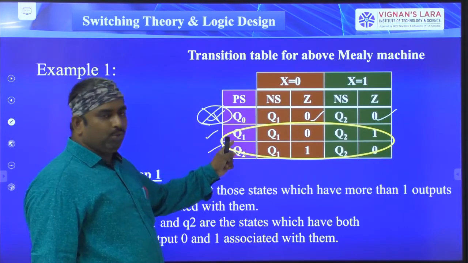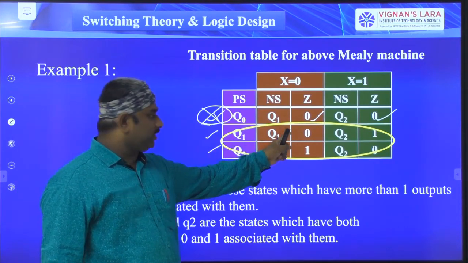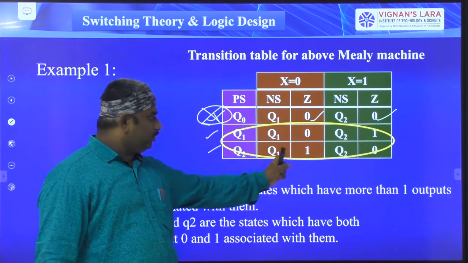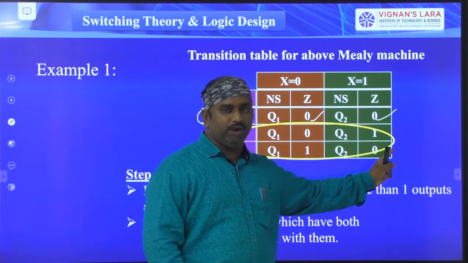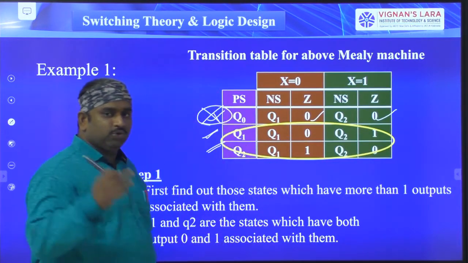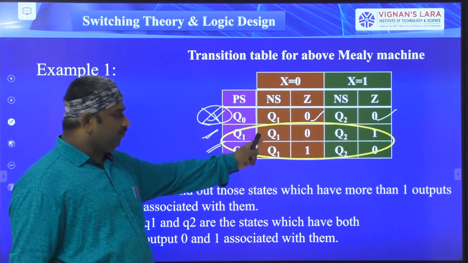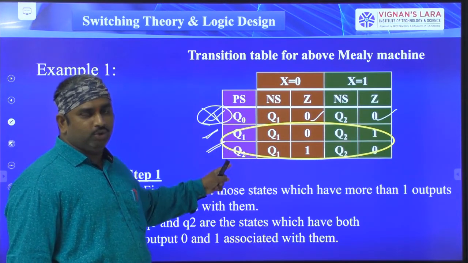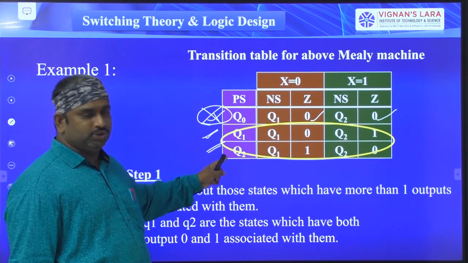Q1 next state outputs are 0, 1, so 2 different outputs are available. For Q2, the next state outputs are 1, 0, so 2 different outputs are available. For that reason, you have to make partitions for the Q1 and Q2 states.